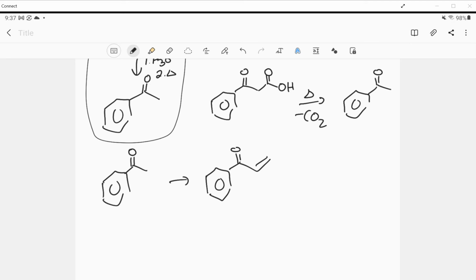If we think here, these are both just hydrogens. How do we make this? This is an aldol condensation, right? Making an alpha-beta unsaturated ketone or aldehyde is done by an aldol condensation.